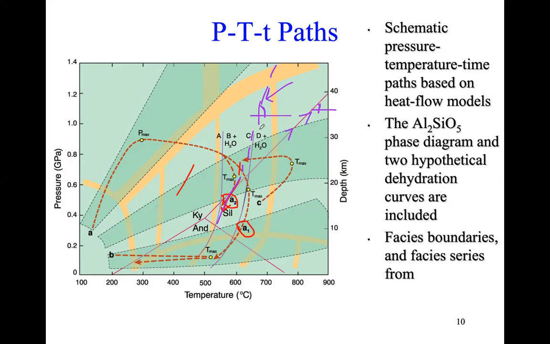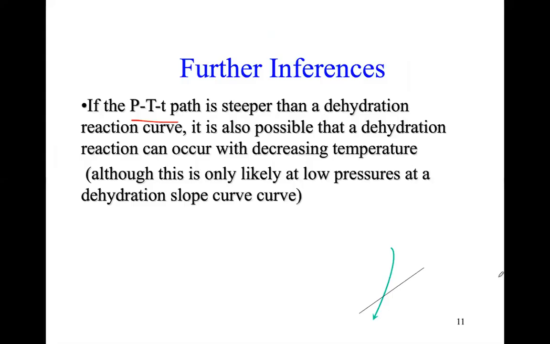That means the PT path, at the crossing point, has a gradient steeper than the reaction line. So you have a bigger angle than the normal reaction gradient. That means we have a steep PT path.